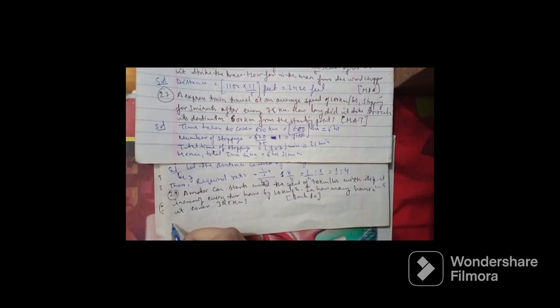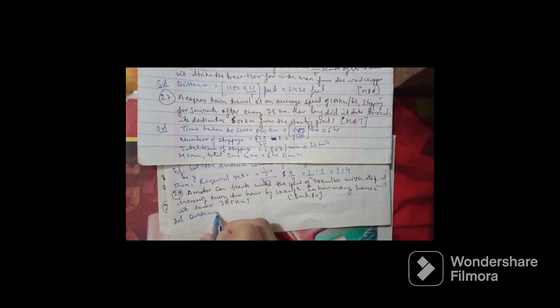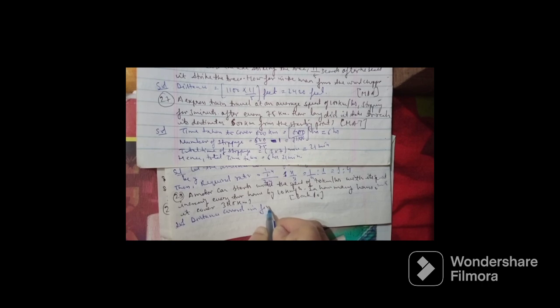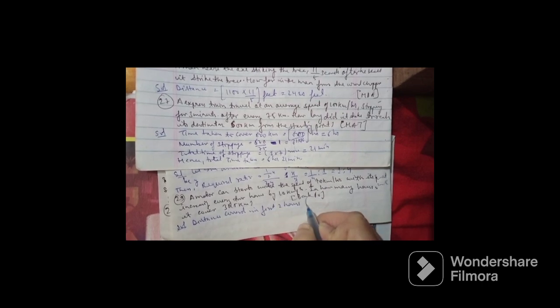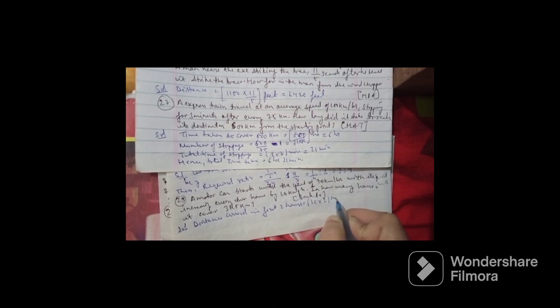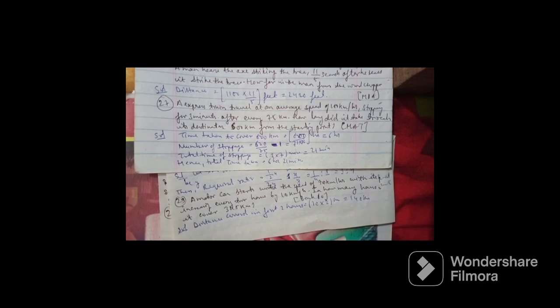Distance covered in first 2 hours equals 70 into 2 kilometers, which equals 140 kilometers.